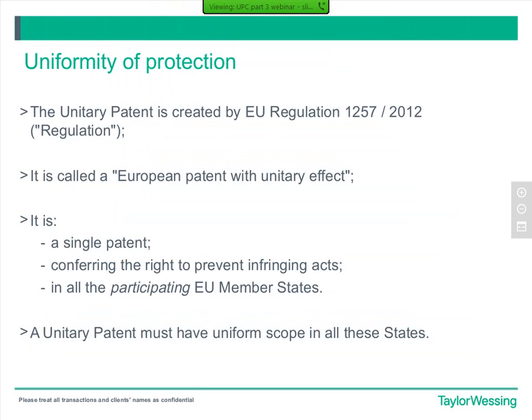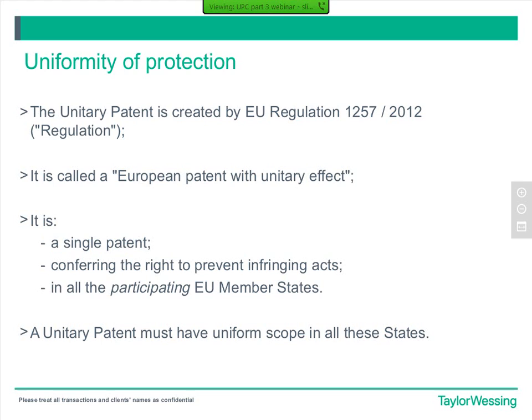Article 3, paragraph 1 of this regulation states that a European patent granted with the same set of claims in respect of all the participating member states shall benefit from unitary effect in the participating member states, provided that its unitary effect has been registered in the Register for Unitary Patent Protection. In other words, a unitary patent is a form of classical European patent that has been registered as having unitary effect at the European Patent Office after grant.